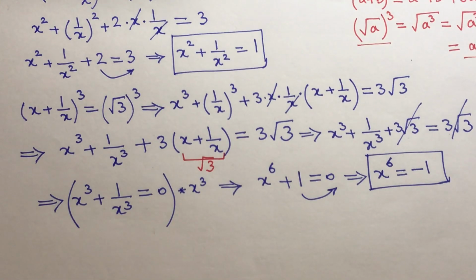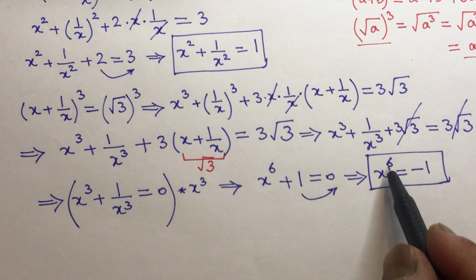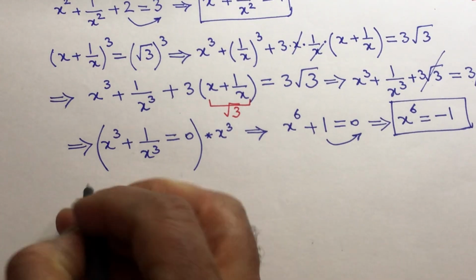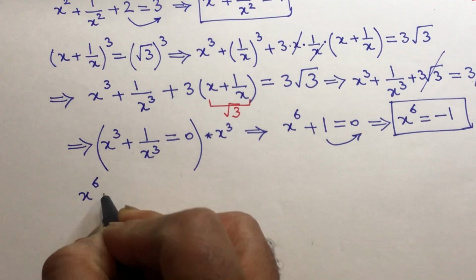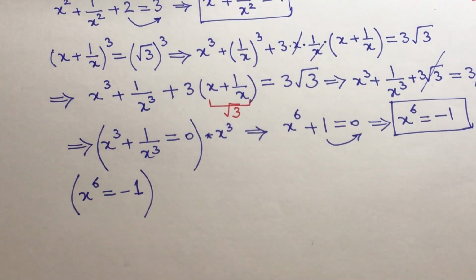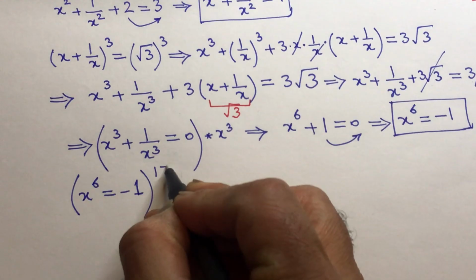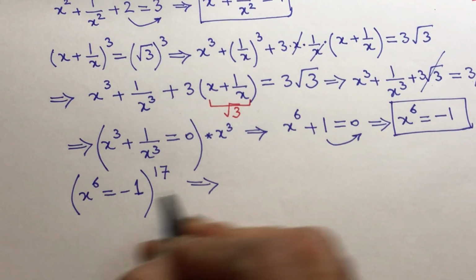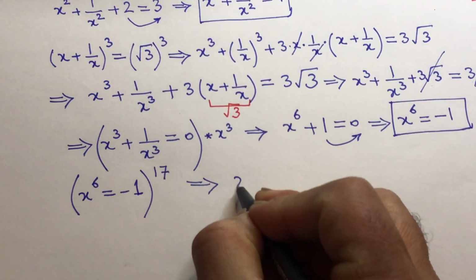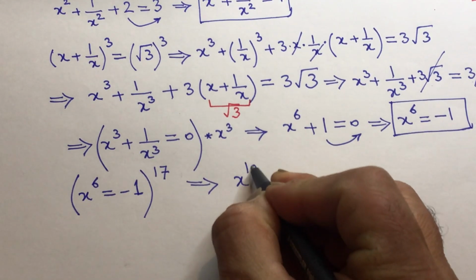But how? What we want here is x to the power of 100. But you can raise x to the 6. I can write it here and show you the procedure. x to the 6 is minus 1. If I raise both sides to 17, then x to the 6 to the power of 17 is x to the power of 102.